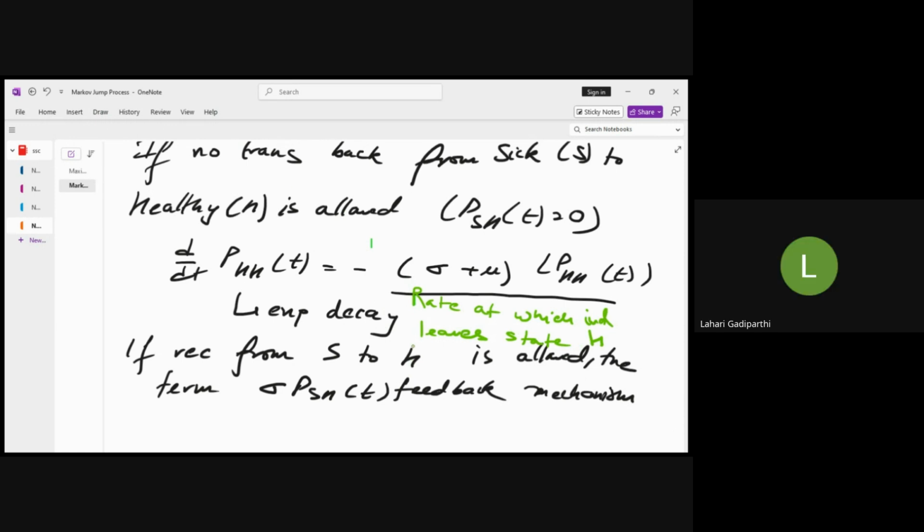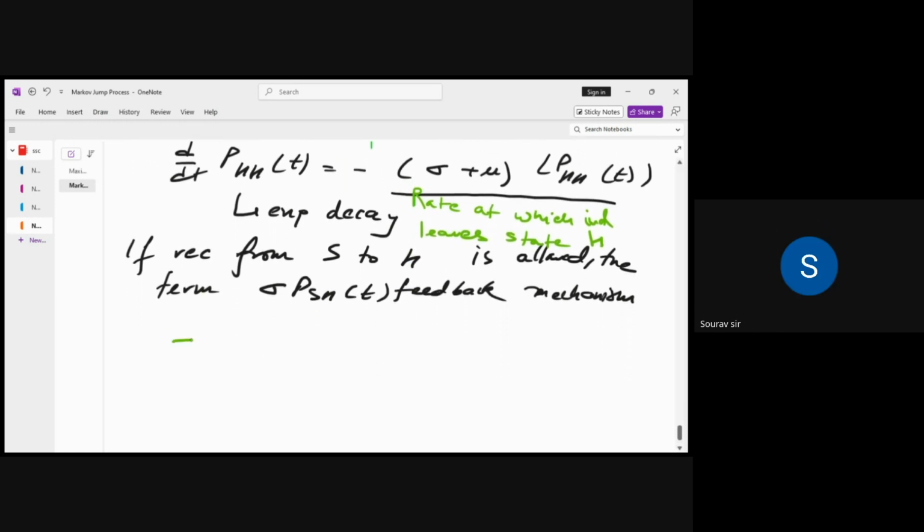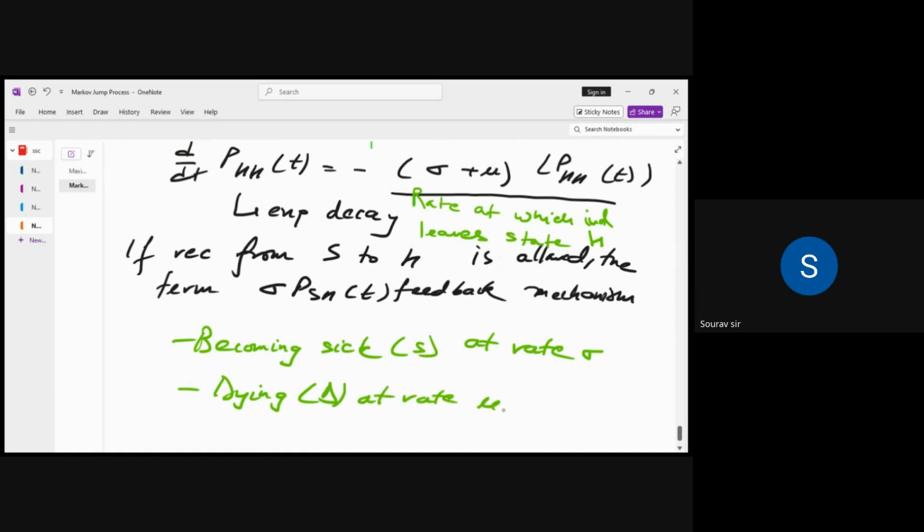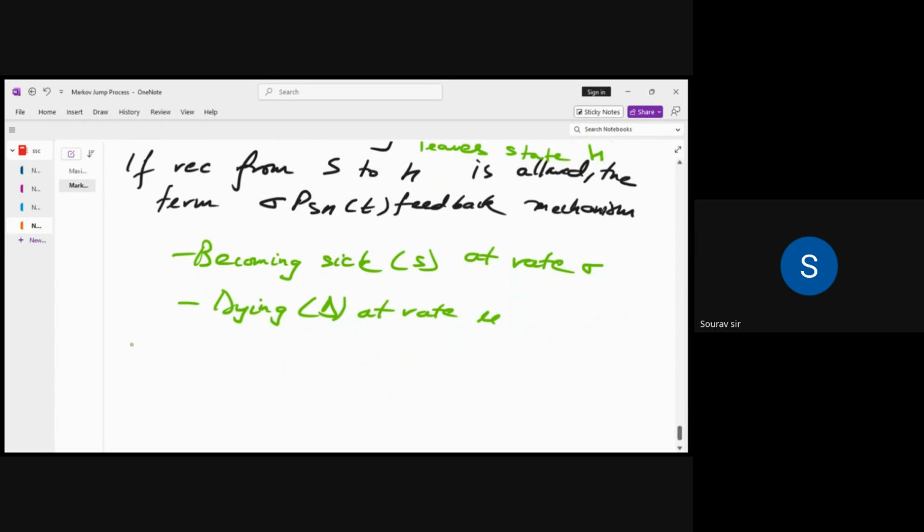So it can be two cases: by becoming sick, that is S, at rate lambda, or dying, that is at rate mu. Okay. And here there is a negative sign. What is the negative sign telling? The negative sign indicates a loss of probability mass from the H state.